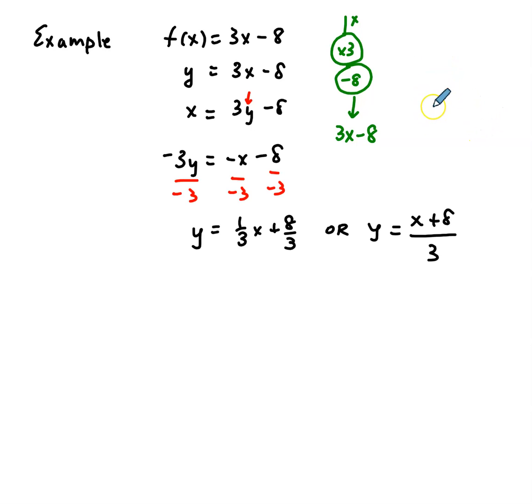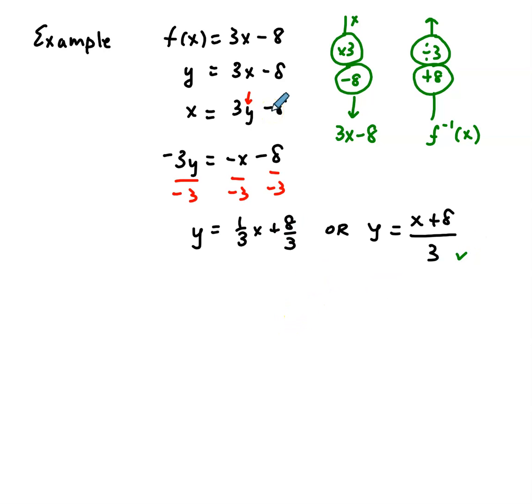So if I move in the opposite direction, I have to add my 8, and I have to divide by my 3. And let's see if that in fact gave us our inverse function. And so we observe that we added 8 and we divided by 3. So we know it's correct.